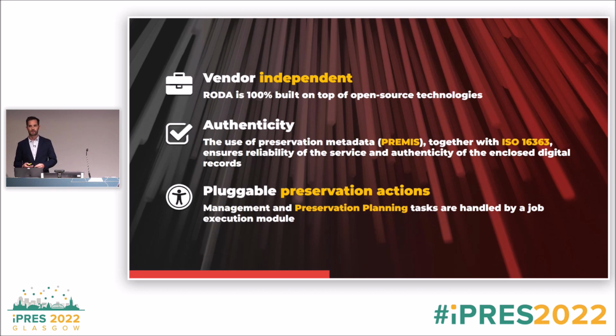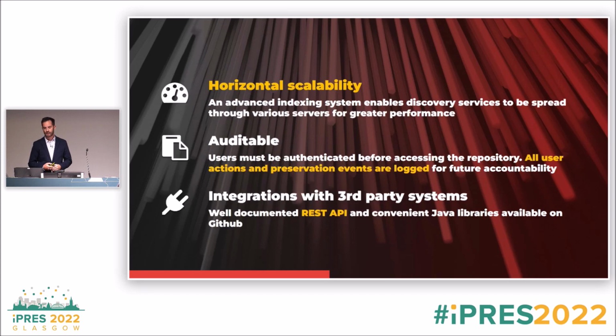It does preservation actions via plugins that you can add into the system. It supports file format conversion, preservation planning, risk management, and representation information management within the system. It is horizontally scalable, fully auditable, and allows integration with third-party systems using a REST API.